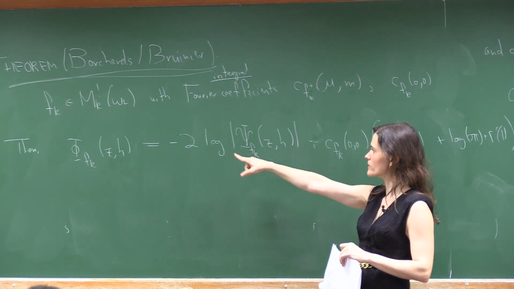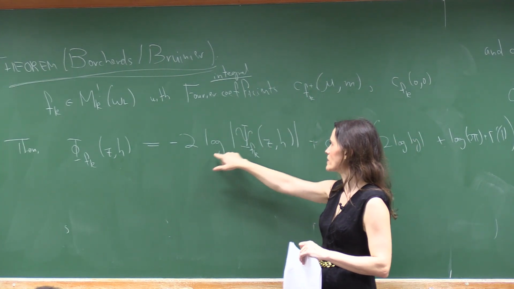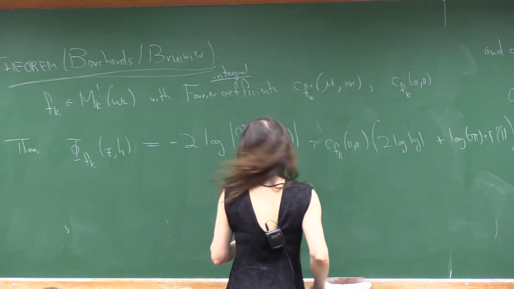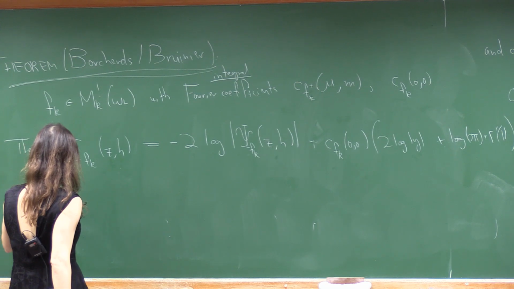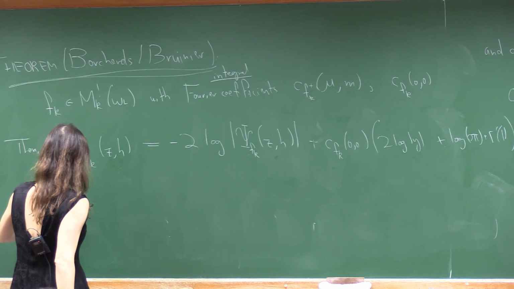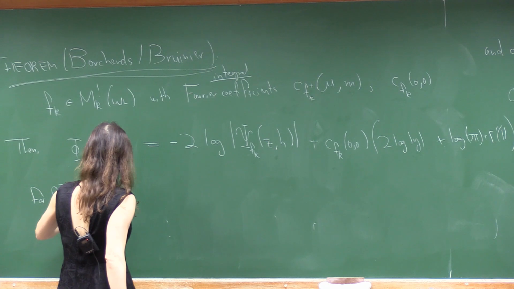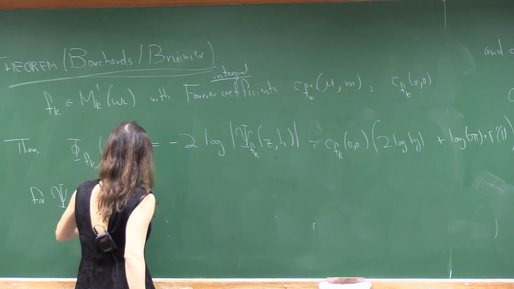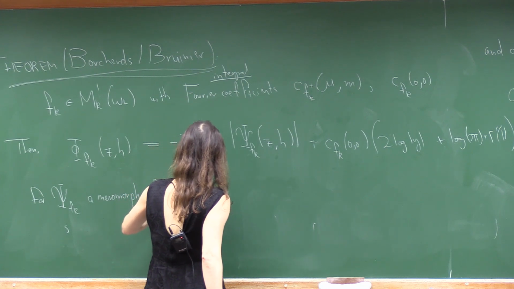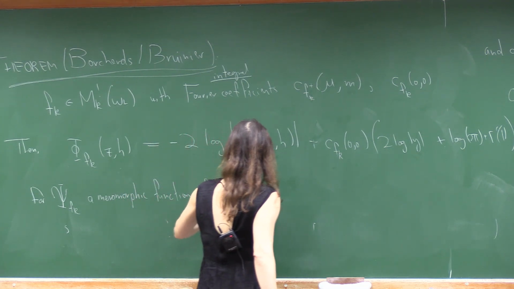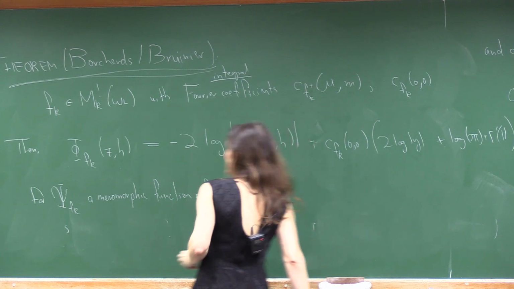that the value of the automorphic Green's function is minus 2 times the logarithm of some meromorphic function psi fk, a meromorphic function on the Shimura variety with divisor given explicitly.